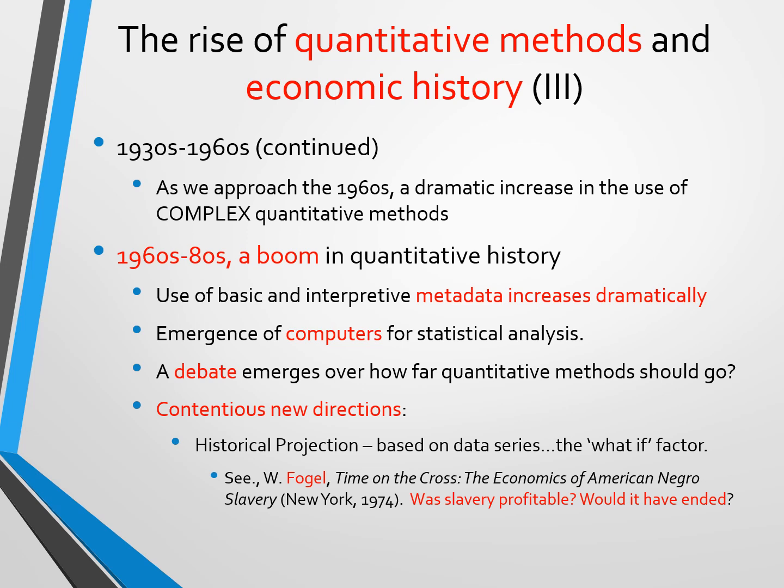And a good example of this is William Fogel's famous book, Time on the Cross, The Economics of American Negro Slavery. Now, Fogel was a gentleman from the South in the United States, and of course the South in the United States Civil War favored slavery, and we had a very bloody civil war in the United States over nearly 5 years, in which the North invaded the South and defeated it and liberated the slaves.